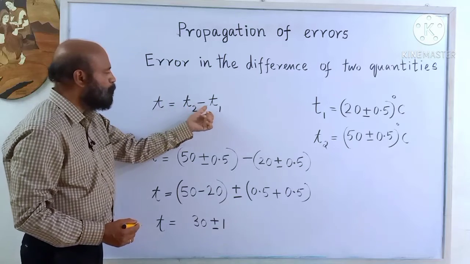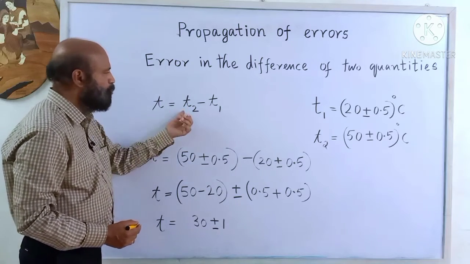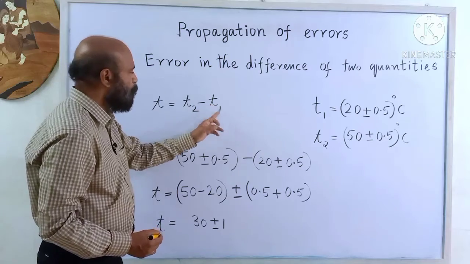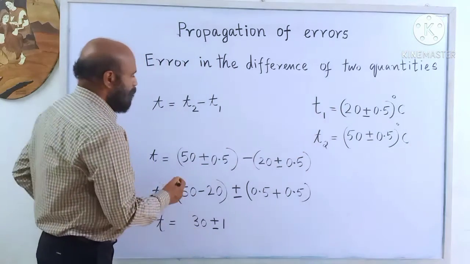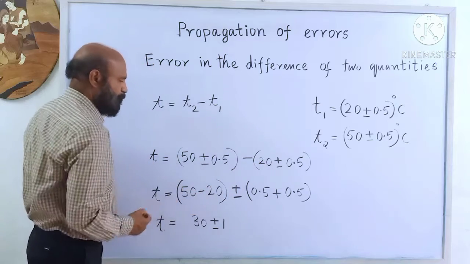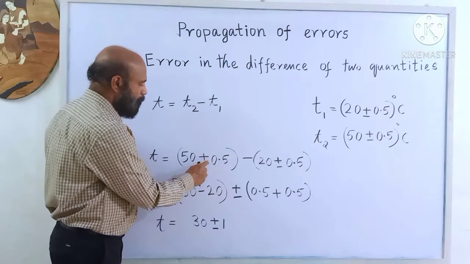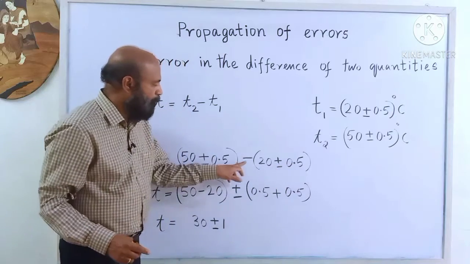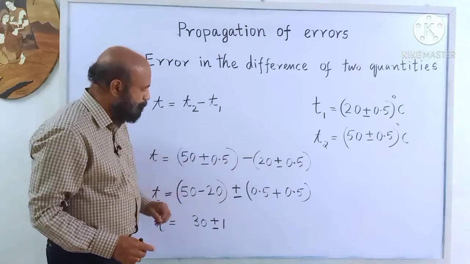T is equal to T2 minus T1. For T2, you write this value. For T1, you write this value. Now 50 minus 20. Then plus or minus 0.5. Here plus or minus 0.5. But outside there is a minus sign.